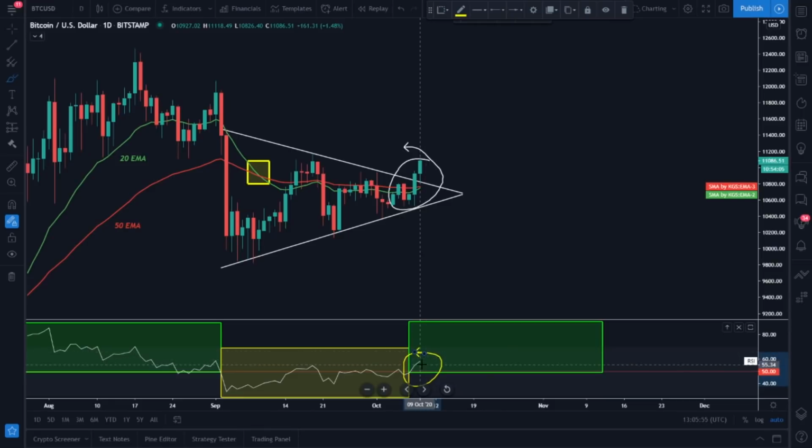Because I told you, if the RSI is above the 50 level and you see this bullish crossover, that indicates, hey, now the trend is a bullish trend and it's going to continue to the upside. And looking at this right now, the RSI has already confirmed it. You can see here very clearly it's heading to the upside above 50 level, and now we are waiting for this crossover to give us a confirmation, the 20 exponential moving average crossing over the 50 exponential moving average.